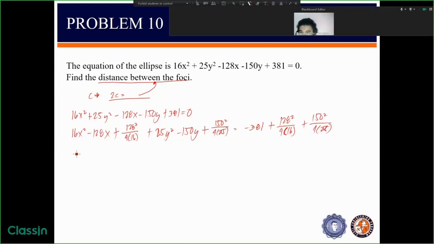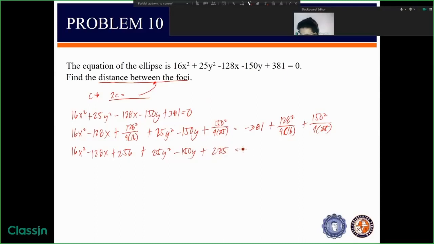We have 128 squared. Let's get its value first. Over 4 times 16, you have 256. So this will be 16x squared minus 128x plus 256 plus 25y squared minus 150y plus this one, 150 squared over 4 times 25. So we have 225.